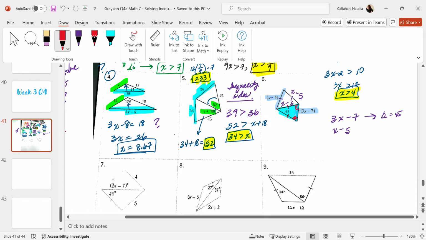You see those triangles right there? Okay, I'm just gonna redraw this triangle. This is 45. These two angles are exactly the same, correct? If those two angles are exactly the same, you know that the whole triangle is 180, correct? 180 minus 45 will give me the two angles right here. 180 minus 45 is 135, correct?